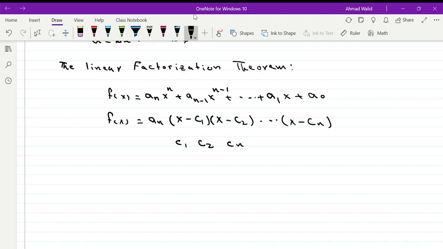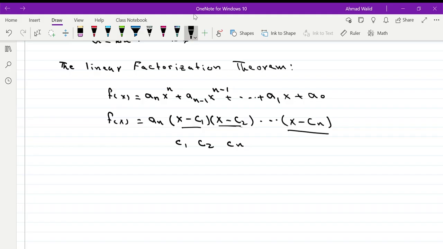It means this theorem says that you can write your polynomial function as linear factors, because x minus c1 or x minus c2 are actually linear factors, correct? Because the power of x is 1 and we call it a linear factor.